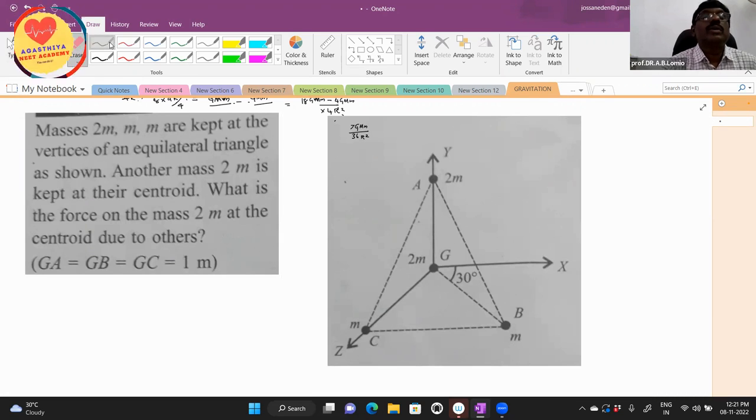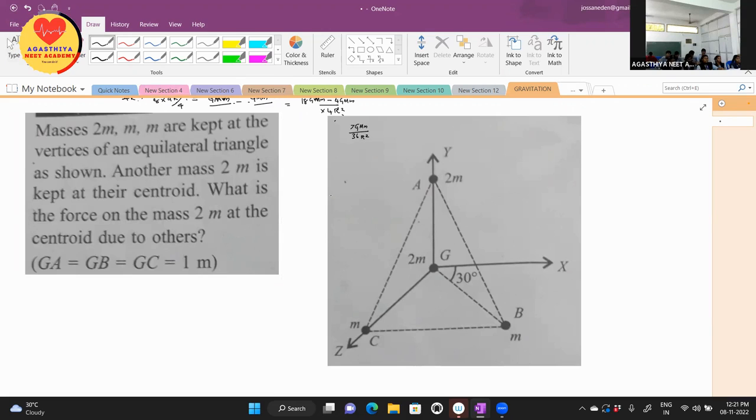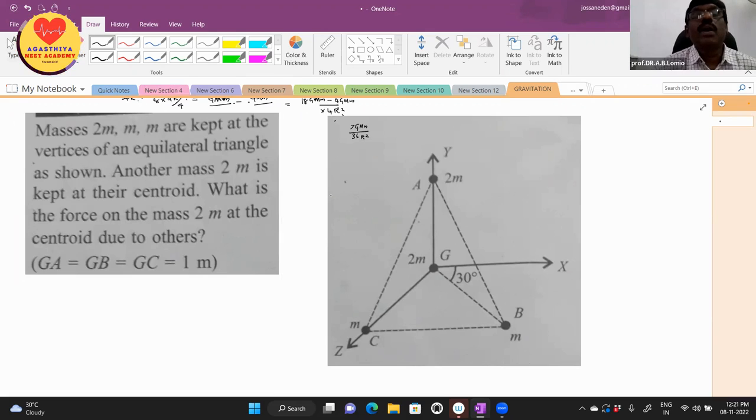See this problem. The masses 2m, m and m are kept at the vertices of an equilateral triangle as shown, and another mass 2m is kept at the centroid. What is the force on the mass 2m at the centroid due to the others? Take GA, GB, GC equal to 1 meter.